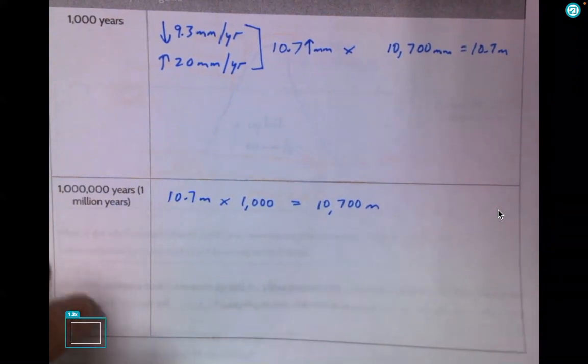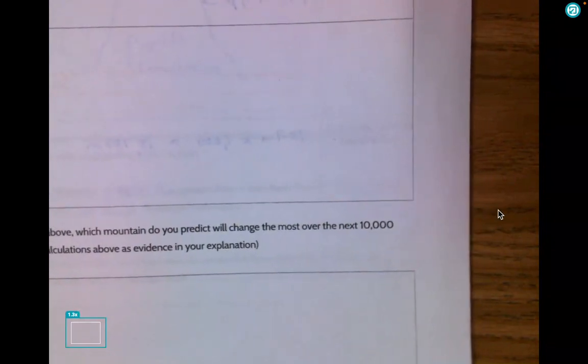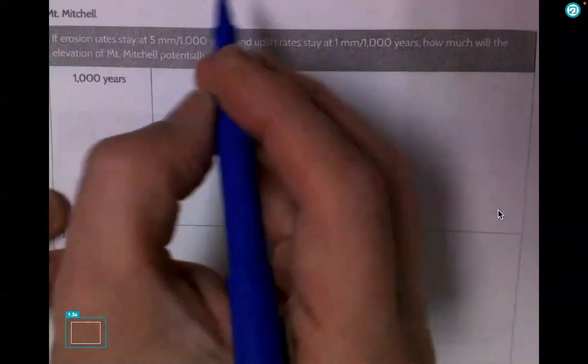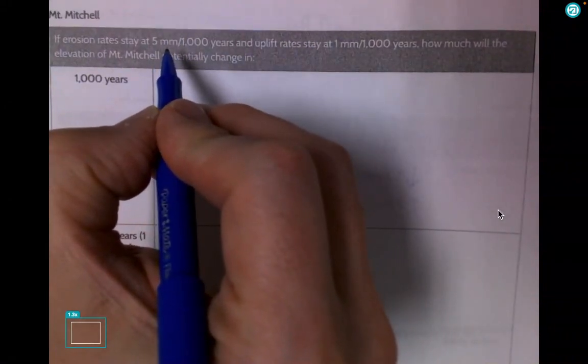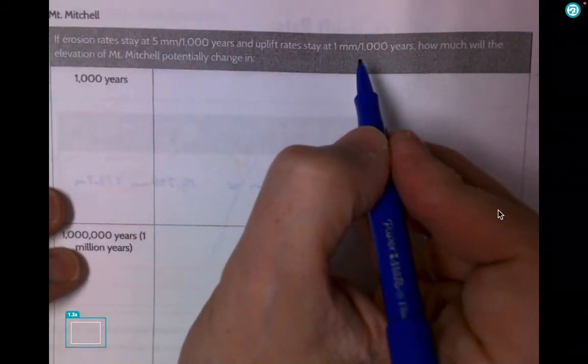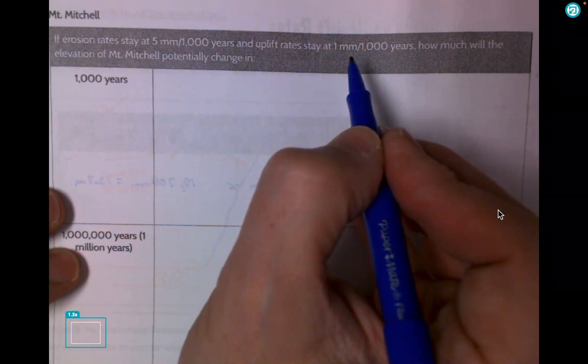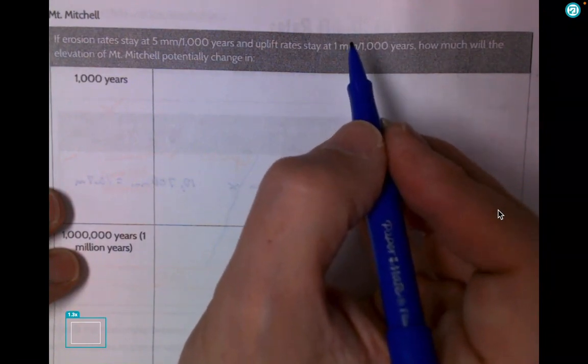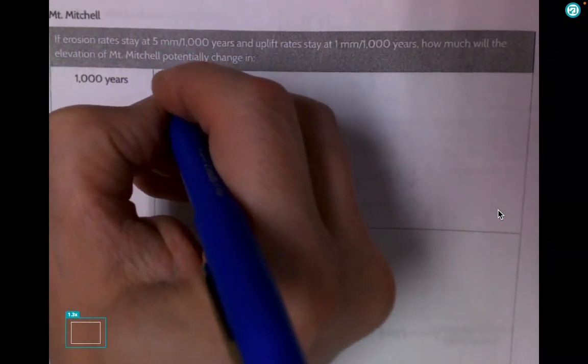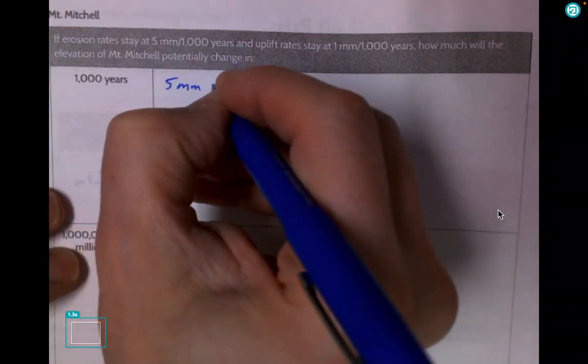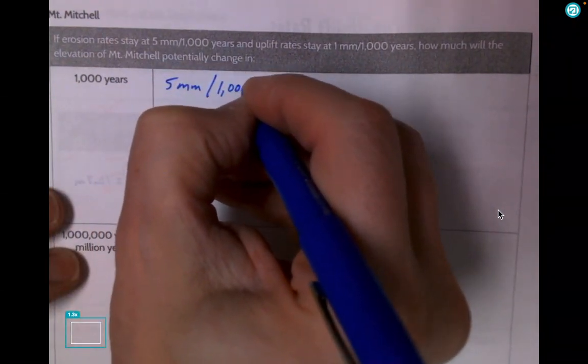We're going to do the same thing for Mount Mitchell, except we have different numbers. But here's that. So again, we assume that it's going to stay at 5 millimeters erosion, plus a 1 millimeter per 1,000 year uplift. So it's going down 5 millimeters per 1,000 years.